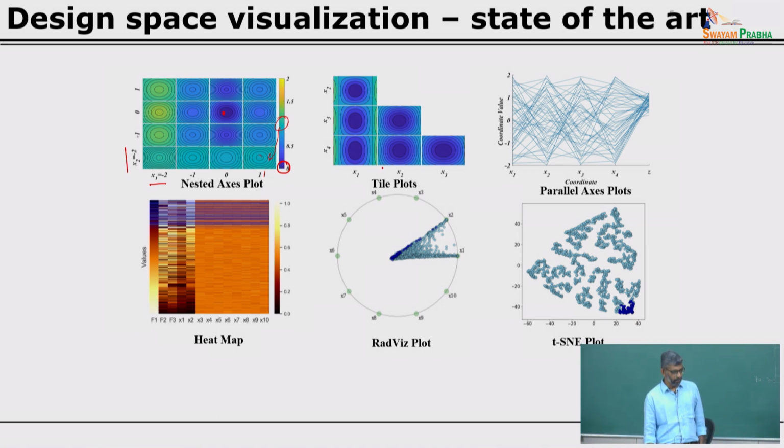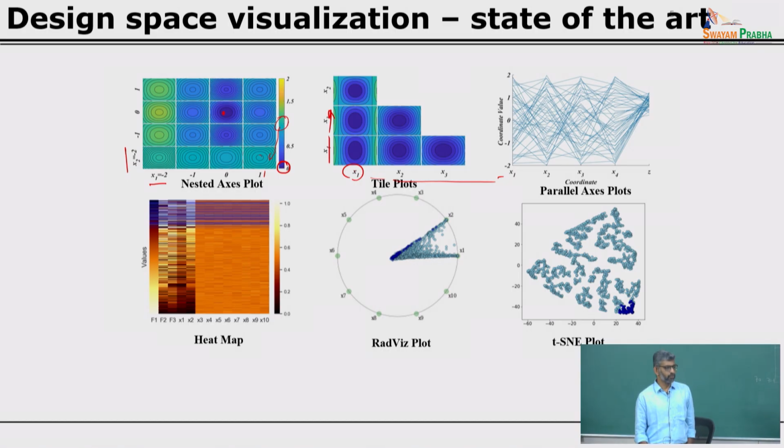Now if you take this, it's a tile plot. What happens is X1 is fixed and then you vary X4, X1 is fixed, you vary X3, and then you keep doing this for X2, X3. What happens if it is for other combinations of X1 and X2? Then you will have to repeat this tile plot. And if I have X1 to 20, then this keeps building in the X axis and the Y axis, and you are going to look at either the lower triangular matrix or the upper triangular matrix.